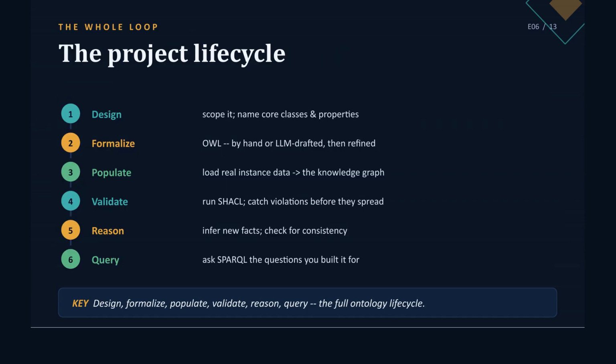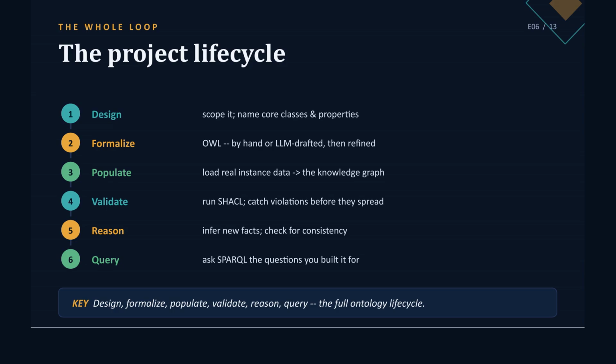Let us pull the whole thing together now, into a single end-to-end checklist, the path a real project genuinely walks. First, design the ontology, scope it, and name its core classes and properties. Second, formalize it in OWL, by hand in Protégé, or drafted by a model and then refined. Third, populate it, load in your real instance data, to form the knowledge graph.